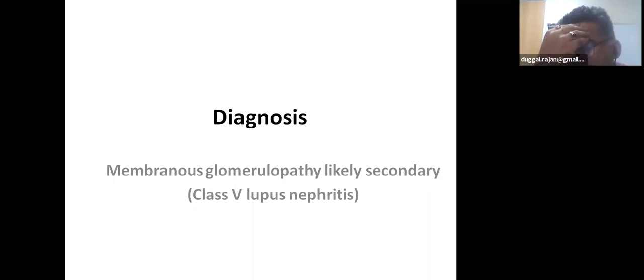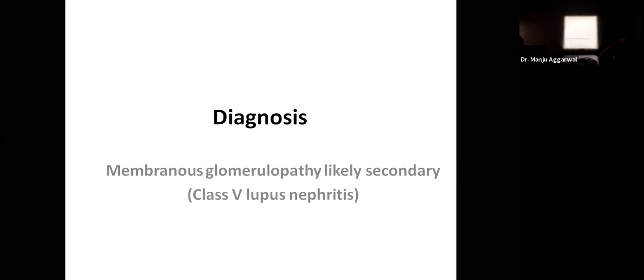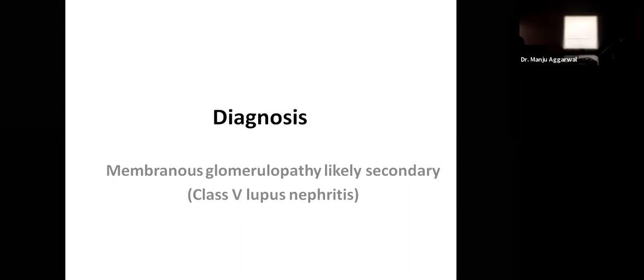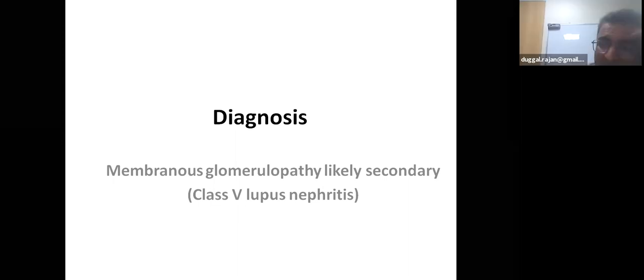I'm sure if you follow up this patient for the next 5 to 10 years, she may develop full blown lupus. Clinically, she hardly has any joint pains or such findings described. But ma'am, this morphology overall is favoring secondary more than primary.